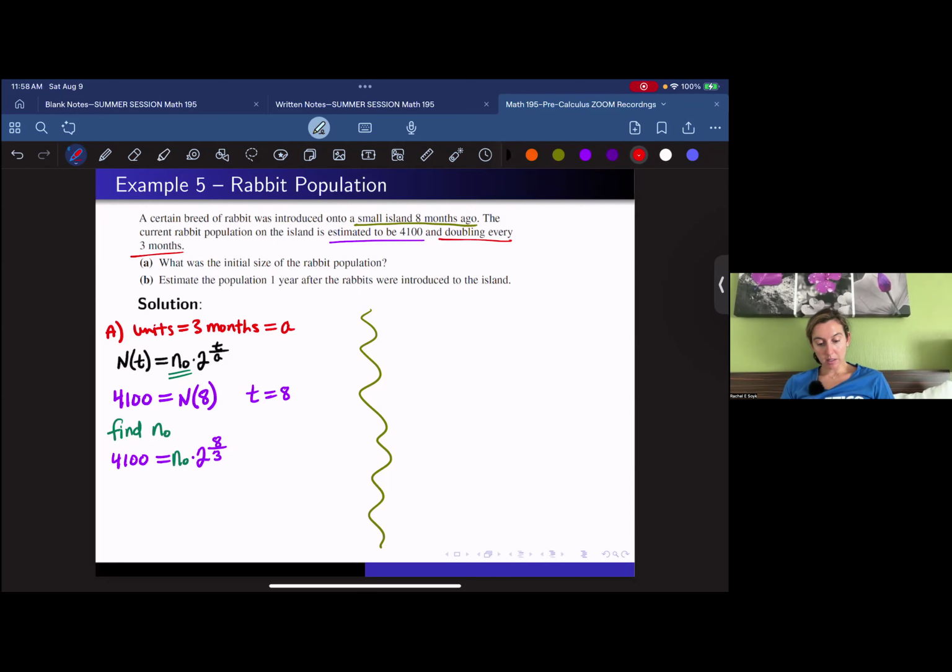And then let's simplify, so that exponent doesn't look too fun.